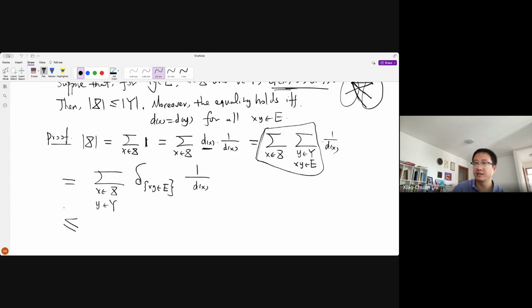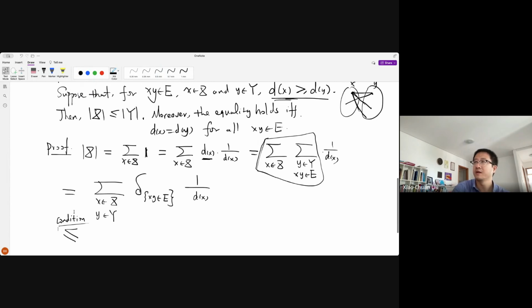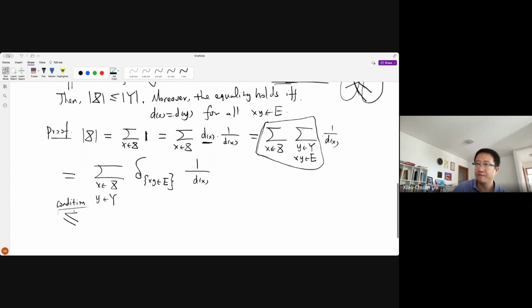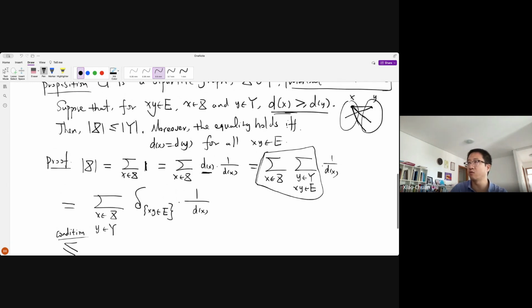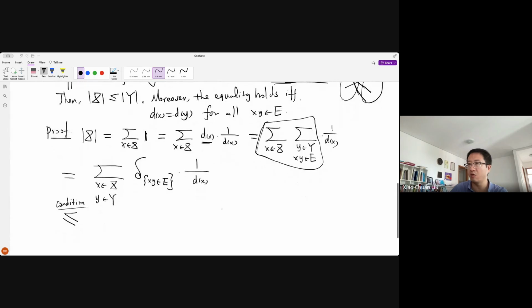Now I use the condition. I never used the condition of this proposition so far. When xy is in E, that's when this is 1. If this is 0, it doesn't matter, since 0 multiplied by something is 0 again. When it is 1, I know that xy is an edge, so d(x) is greater or equal than d(y). It means that 1 over d(x) is smaller or equal than 1 over d(y).